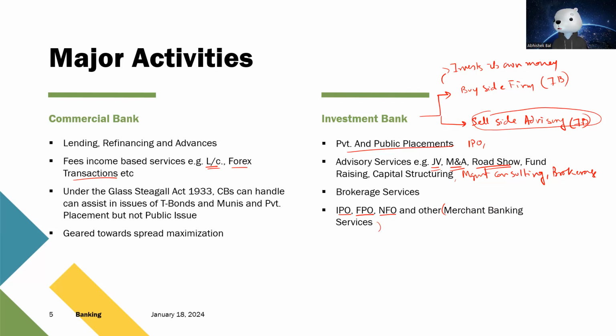The sell-side advisors or investment banks of this nature also do something called research. Research on what? Perhaps an equity, perhaps some bonds, perhaps a particular market, whether that market is lucrative enough to enter or not.